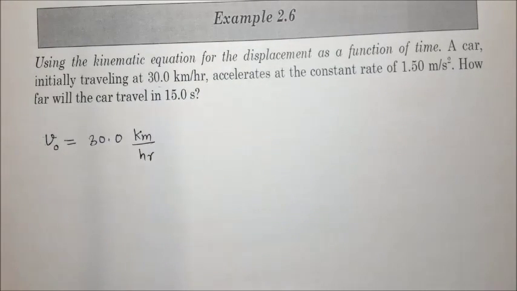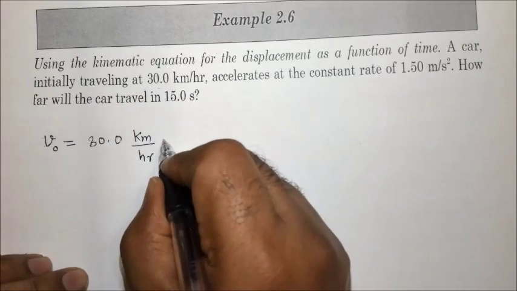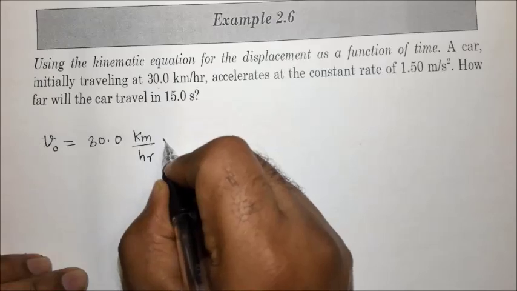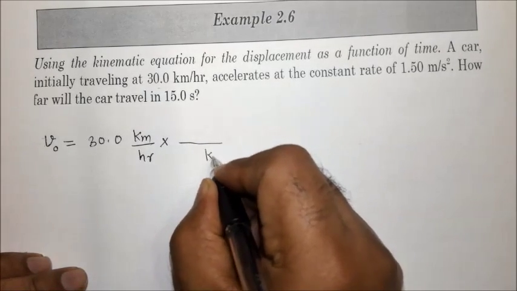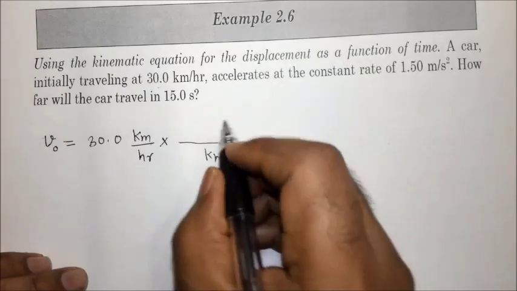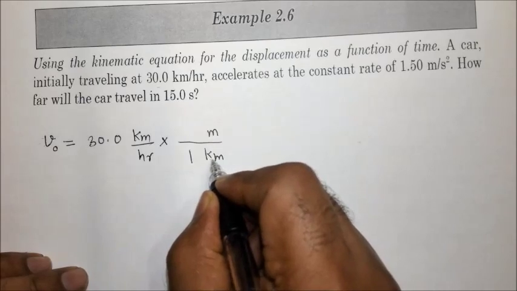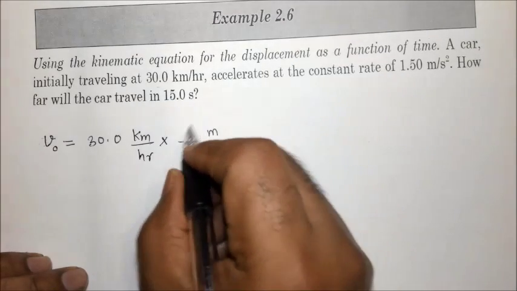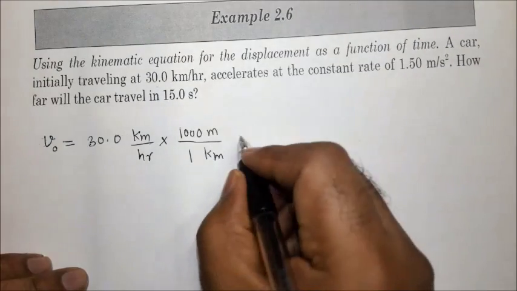You have to convert it to meter per second. How to do that? Let's get rid of kilometer. Let's put kilometer in the bottom and meter on the top. 1 kilometer means kilo means 1000, so 1000 meter.